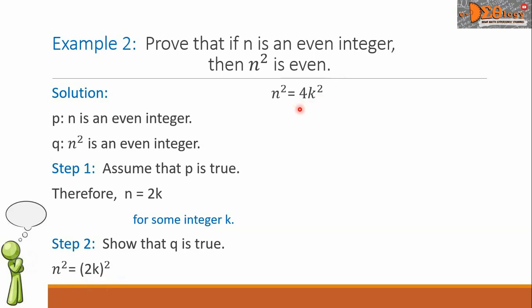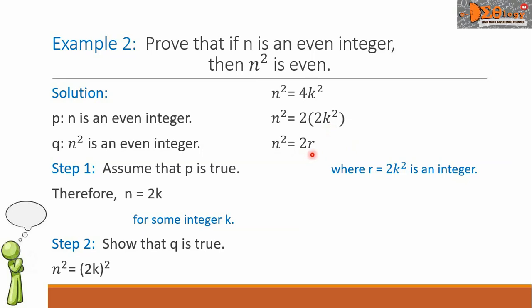Let us factor out a number 2 from the right side. So this now becomes 2 times the quantity 2k squared. We can replace this 2k squared by any variable. Let's say r. So we have n squared equals 2r. This r equals 2k squared, and this is also an integer.